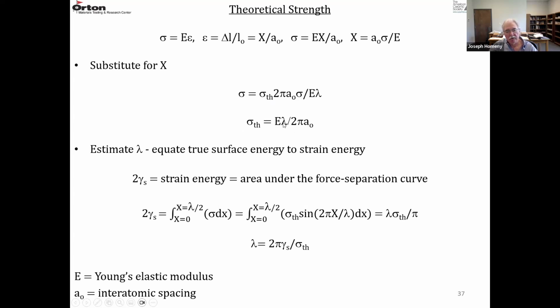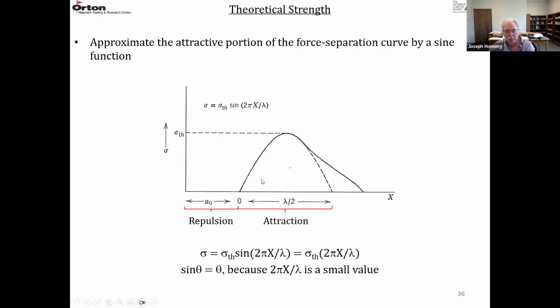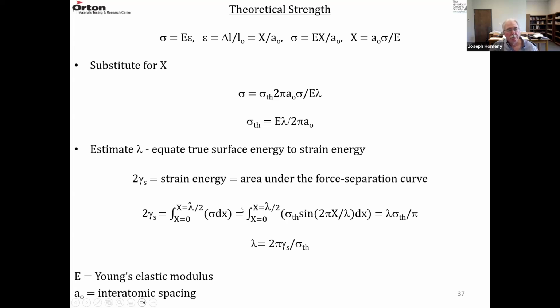So we need to get an estimate of this variable lambda. So we equate the true surface energy to the strain energy. So 2 gamma S is the strain energy. That's the area under the force separation curve, under this curve here. So 2 gamma S equals the integral from x equals 0 to x equals lambda over 2 of sigma dx. And we substitute in our expression for sigma.